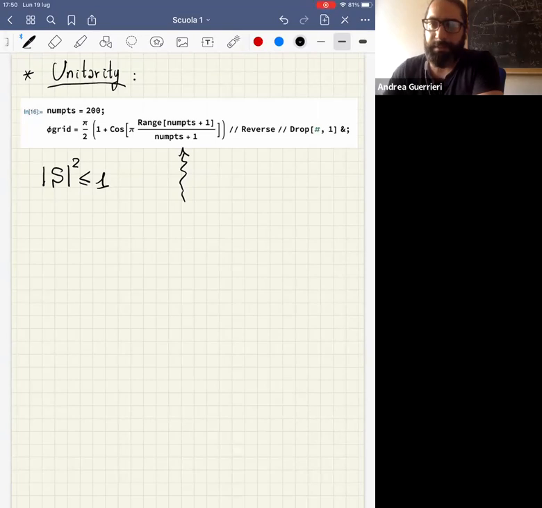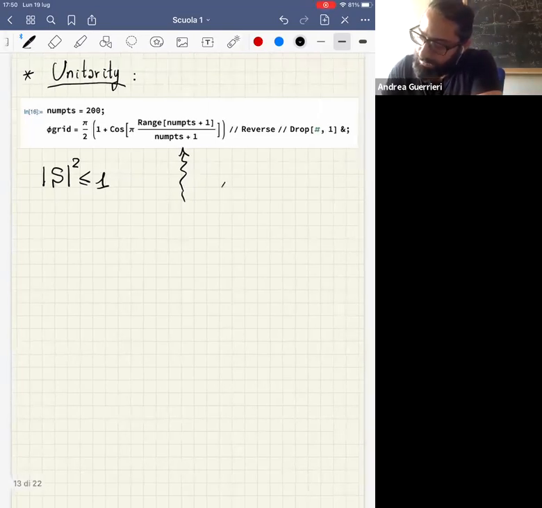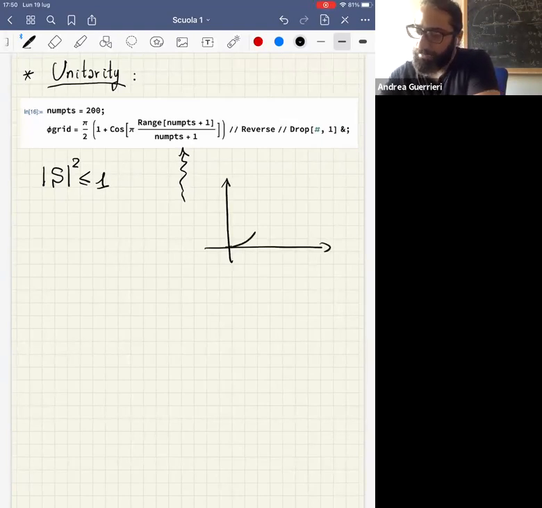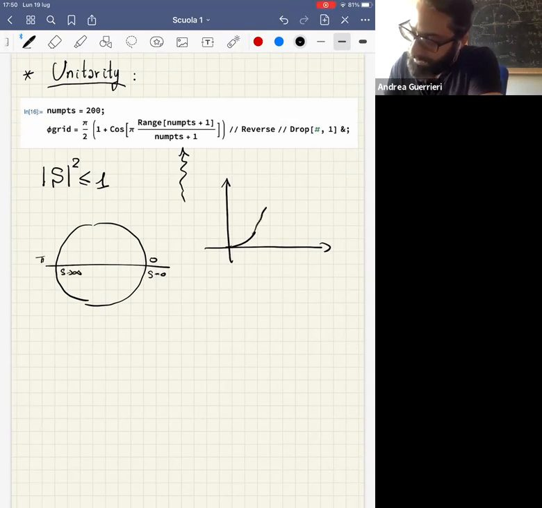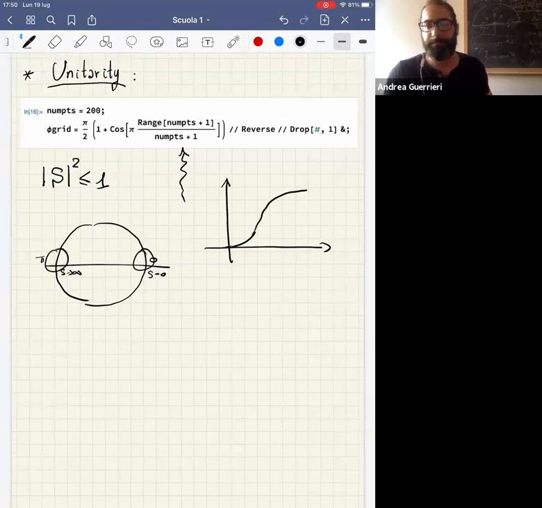You can choose any other grid, but this is particularly convenient because it puts a lot of points close to the ends in phi. I remind you that we map the complex plane to the unit disk, so phi going from 0 to pi is like s going from 0 to infinity. So this grid puts a lot of points close to 0 and close to infinity, which turns out to be a good choice for where to impose unitarity.